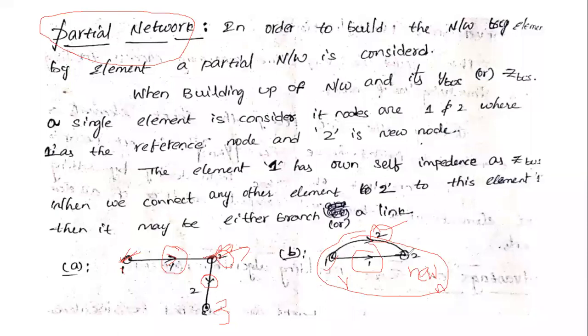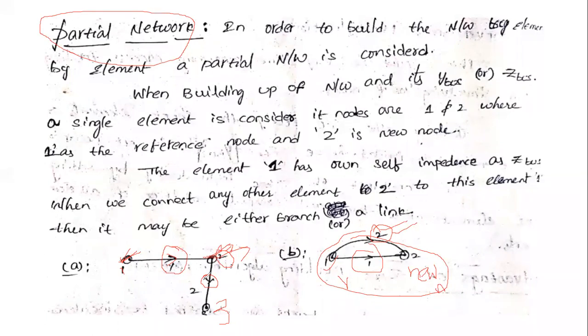The first node is the reference node and the second node is the already designed node, so it is called the old node or old bus. Therefore element 2 is connected in between the reference node and the old node.